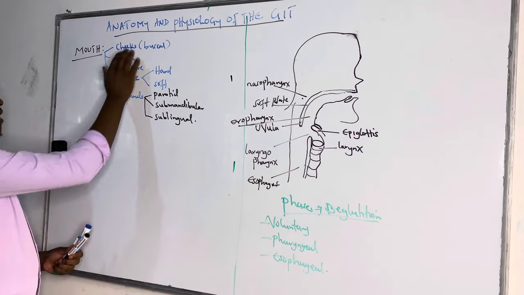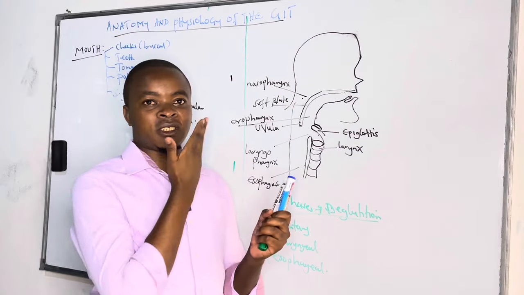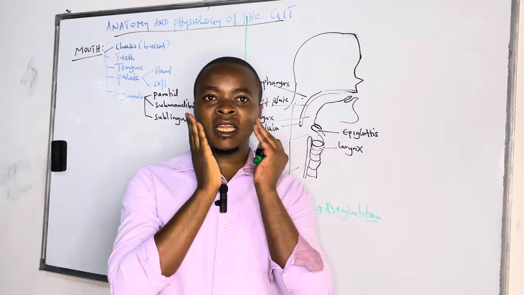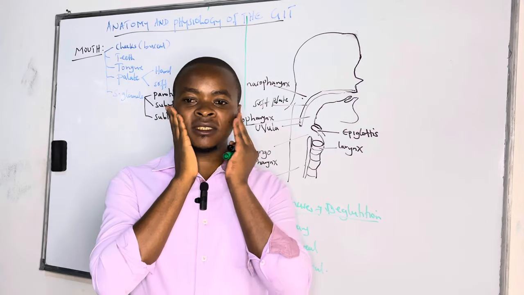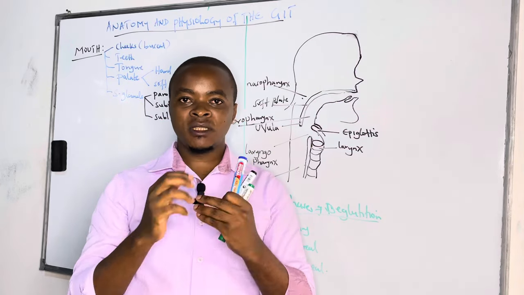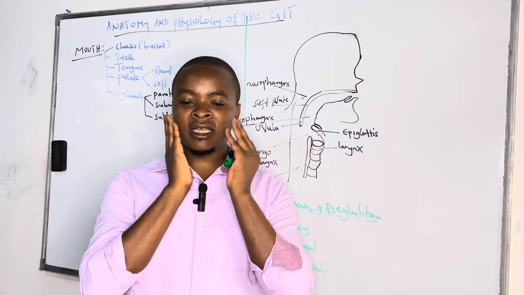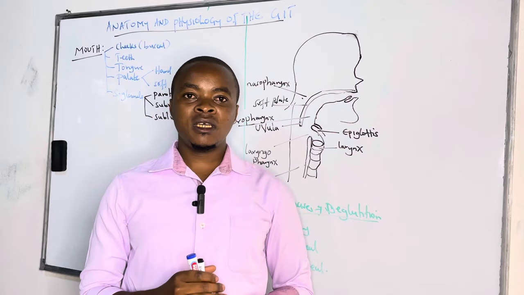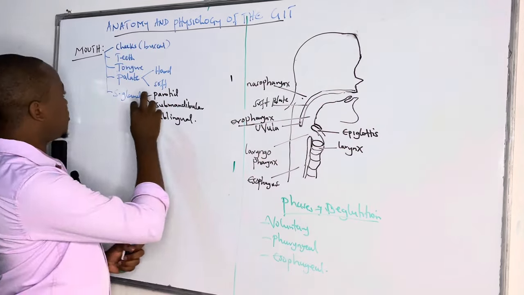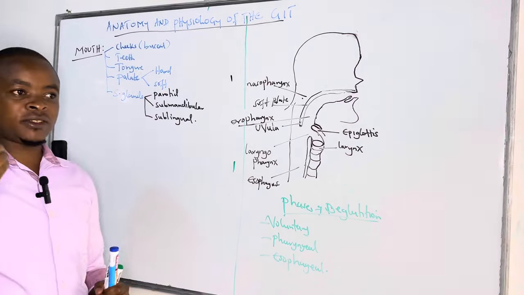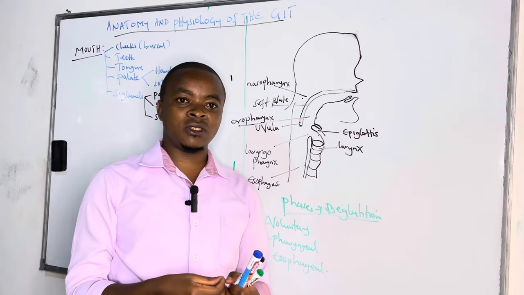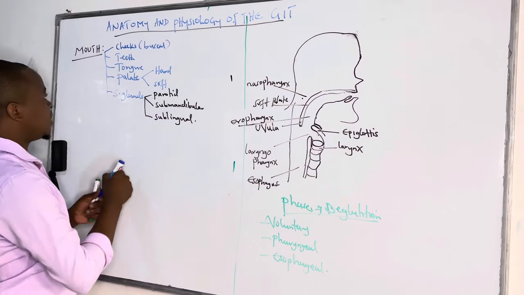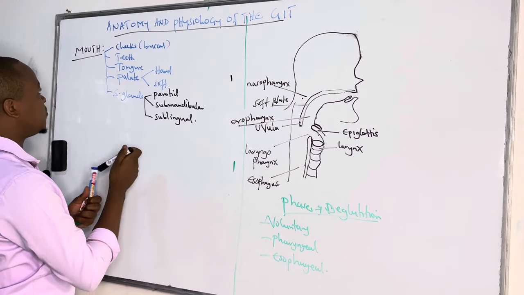In the mouth, the cheeks are the ones that enable the food to remain in the mouth. When you swallow food, the cheeks maintain the food in the mouth. Then the teeth cut big food particles into smaller particles, and the tongue is responsible for rolling the food.